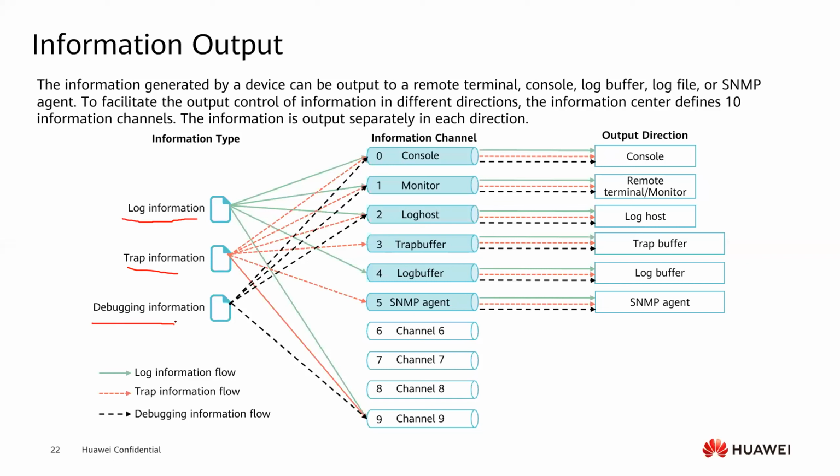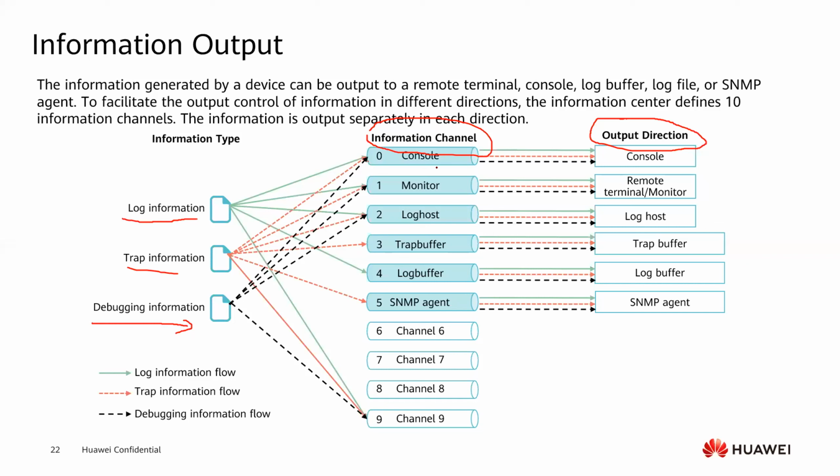We have learned that the information in the information center is classified into three types: log information, trap information, and debugging information. So how can we get this information? We use information channels. For the default channels we have 0 to 9.